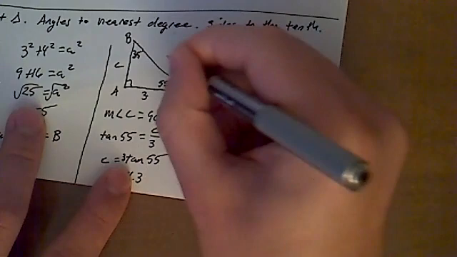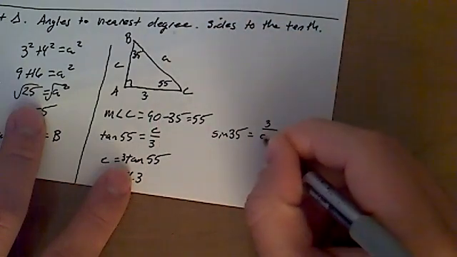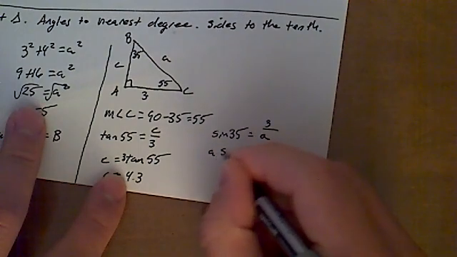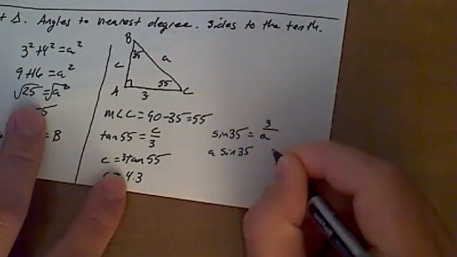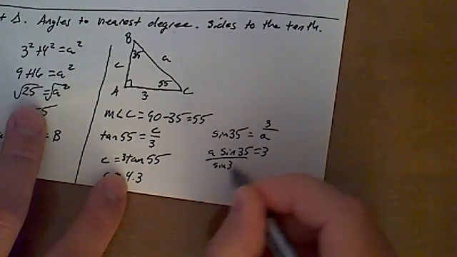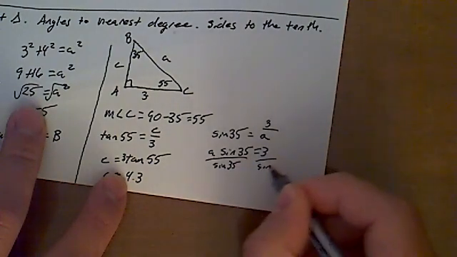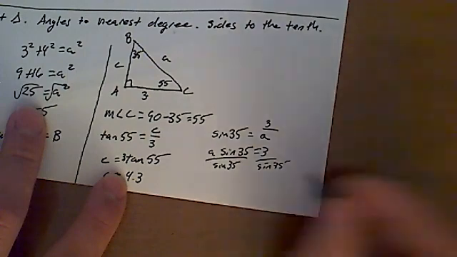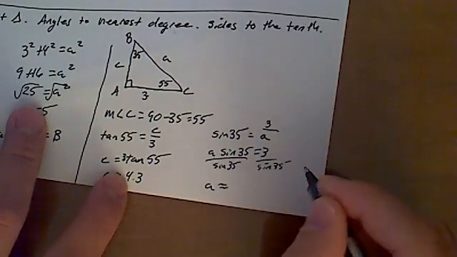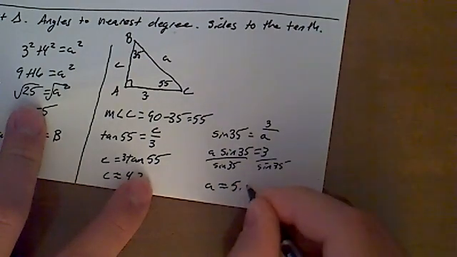Opposite over the hypotenuse, which is A. Right? Multiply both sides by A. And we want to solve for A, so divide by sine of 35. And we get A is about 5.2.